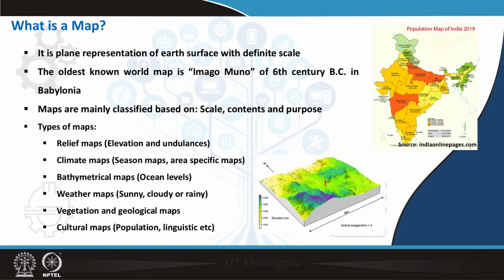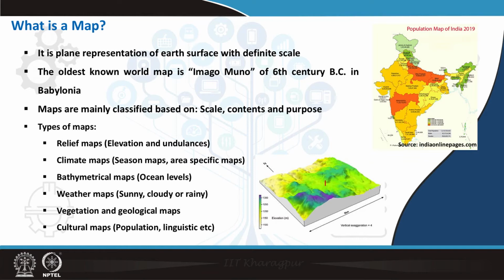And then you have dark blue, which is the highest point in this particular map, at 1300 meters above the mean sea level. It also gives you a vertical exaggeration, to see the elevation in a much more differentiated way. That is given as 4.